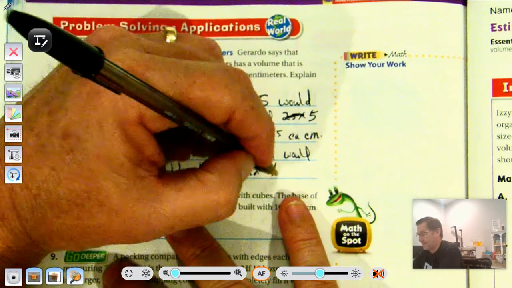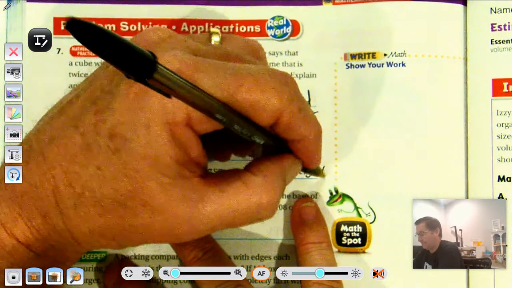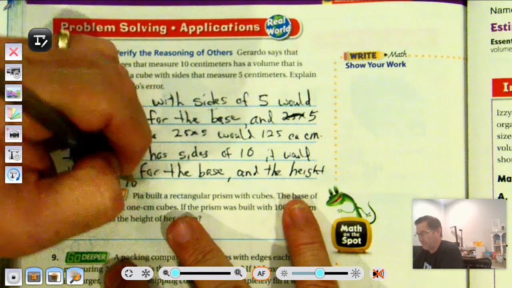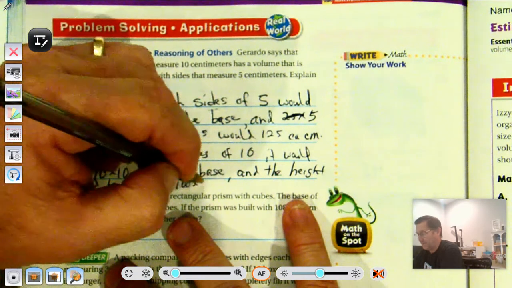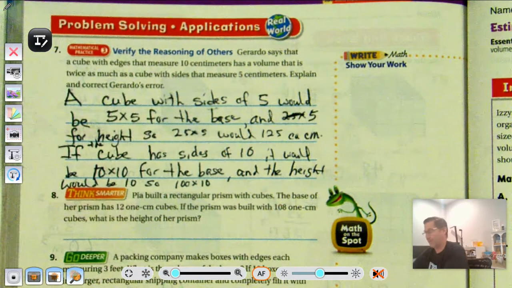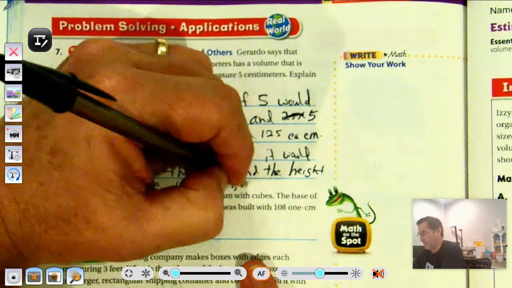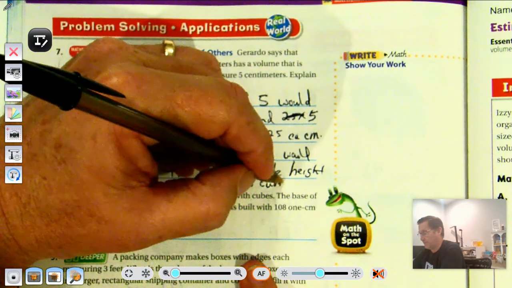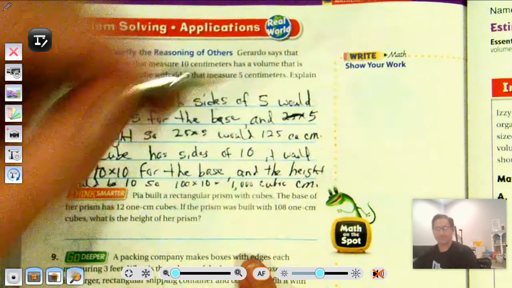And the height would be 10. So 100 times 10, which equals 1,000 cubic centimeters.